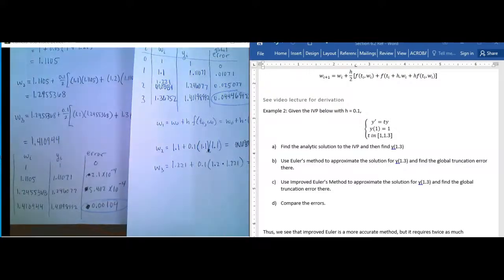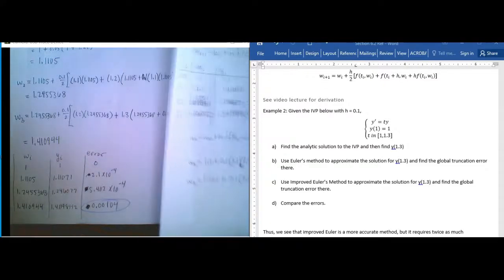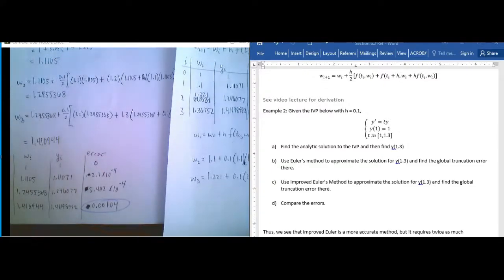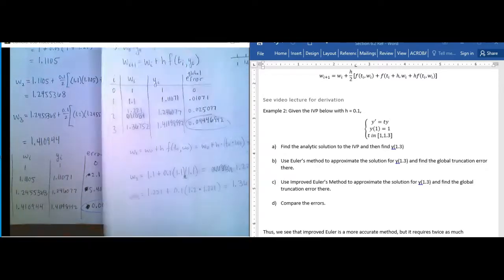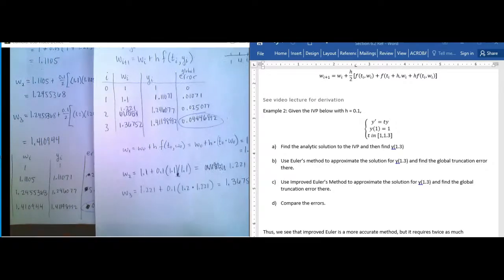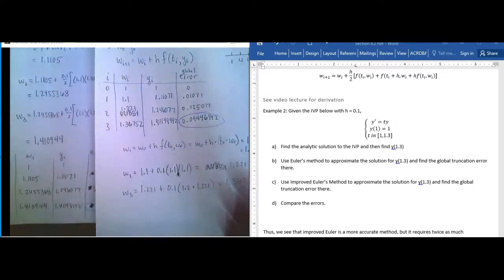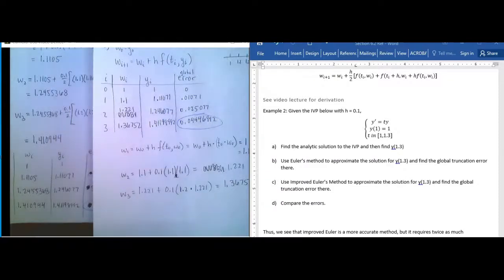Okay. So you can see that our improved Euler's method, or the trapezoidal method, is a more accurate method, but it takes a heck of a lot more computation. In fact, it takes 2 more function evaluations than the Euler method, right? Lots more computation involved in this one than with this one, okay? So you should be able to do the homework assignments for this chapter now, okay?